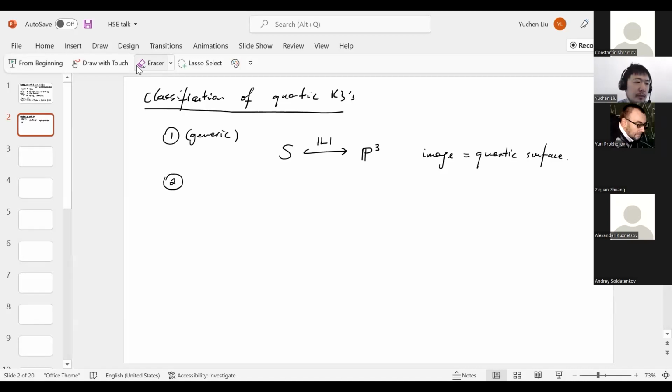And the second case will be the so-called hyperelliptic. So in this case, I don't have an embedding to P3. So actually by Riemann-Roch, you can check that h0 will always be 4. So you still get a map to P3, but in this case, the map is a morphism, which is a double cover over some quadric surface.